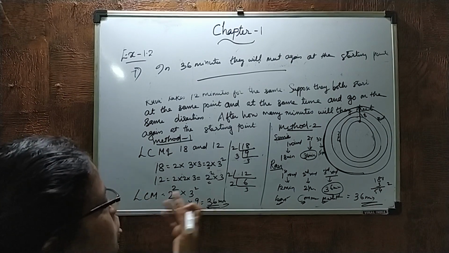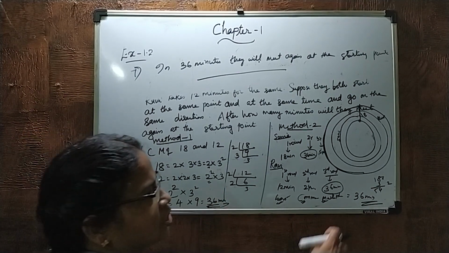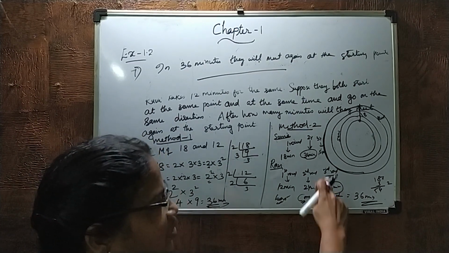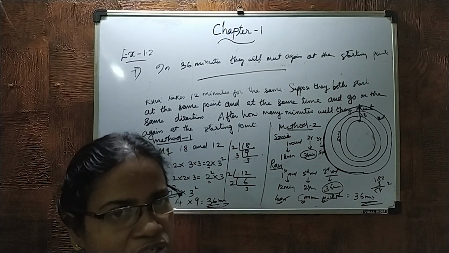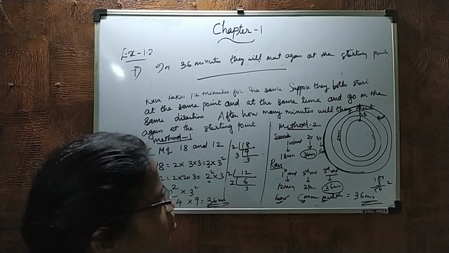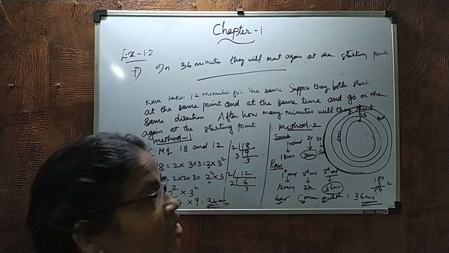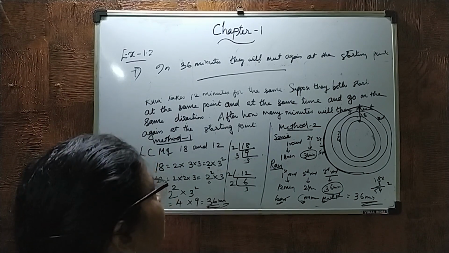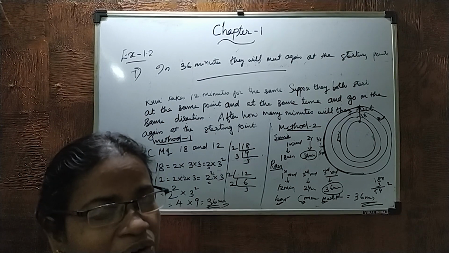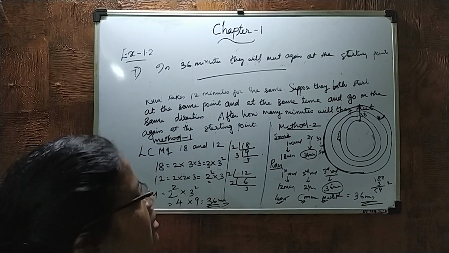Sonia took 18 minutes from the starting point to complete one circle, and Ravi took 12 minutes to complete the round. The question is, after how many minutes will they meet at the start, if they start in the same direction from the same point at the same time?